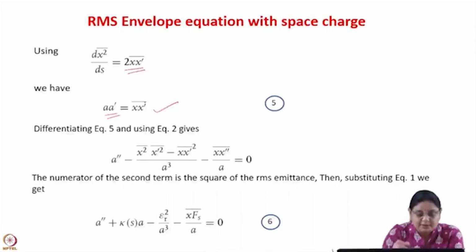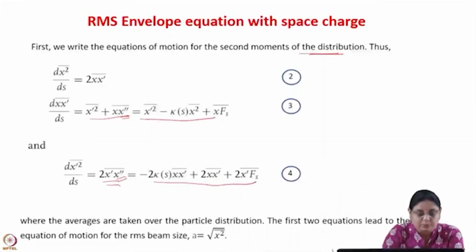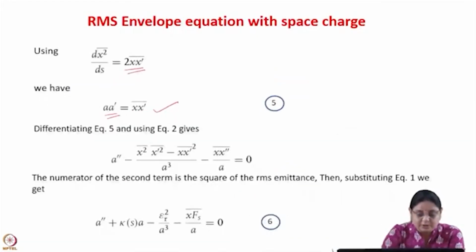Differentiating this equation and using equation 2, we get an expression in terms of the RMS beam size A: A double prime minus this term and minus this term is equal to 0.